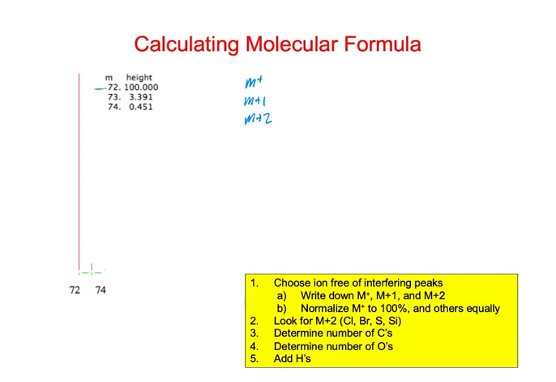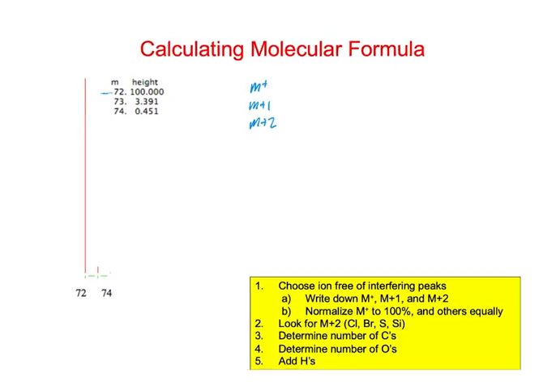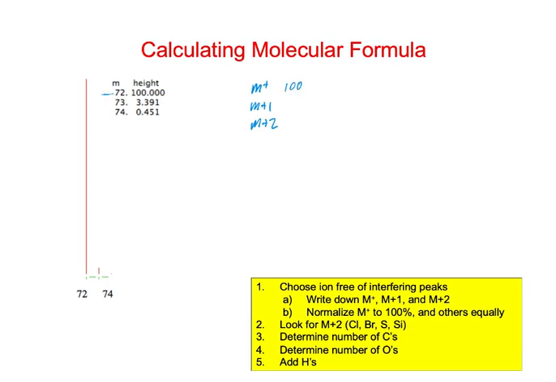Okay. Then we're going to write down the abundances. And here our M plus is already at 100%. And then we have 3.391 and 0.451. Why doesn't it show the M plus?